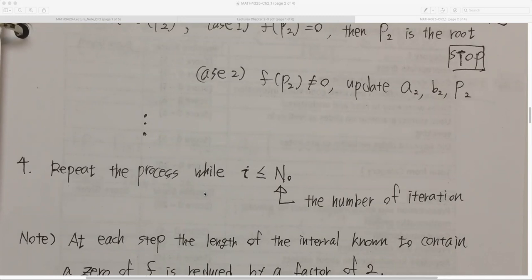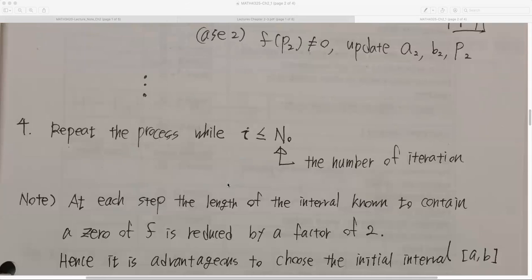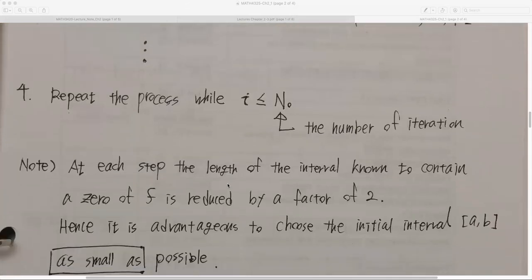Then the code just returns the number of iterations used with the error, and the approximate root. Okay, so this is up to you.